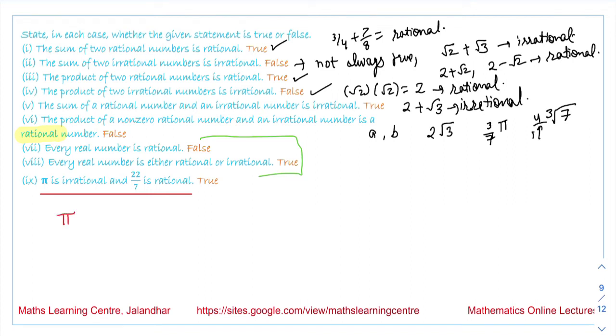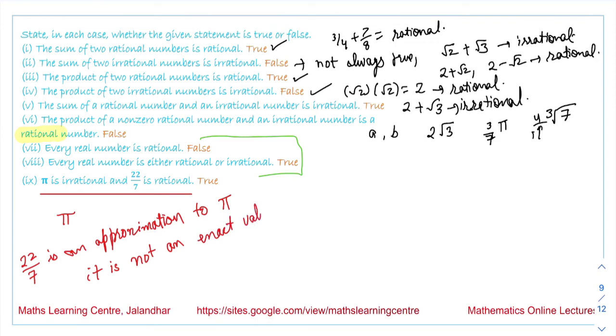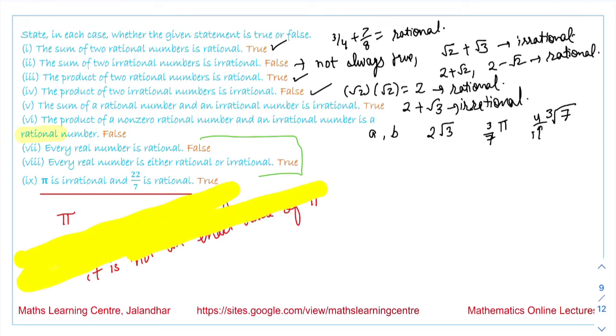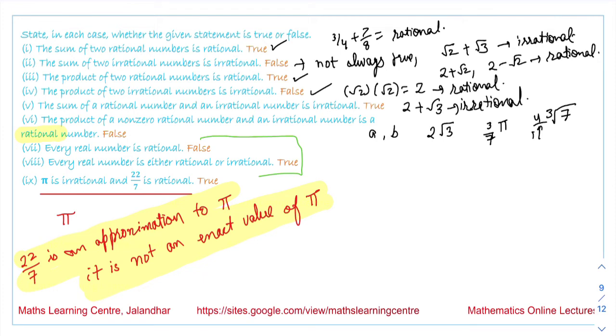So we are saying 22 by 7 is an approximation to pi. It is not an exact value of pi. This thing you have to keep in mind, that 22 by 7 is just an approximation of pi.